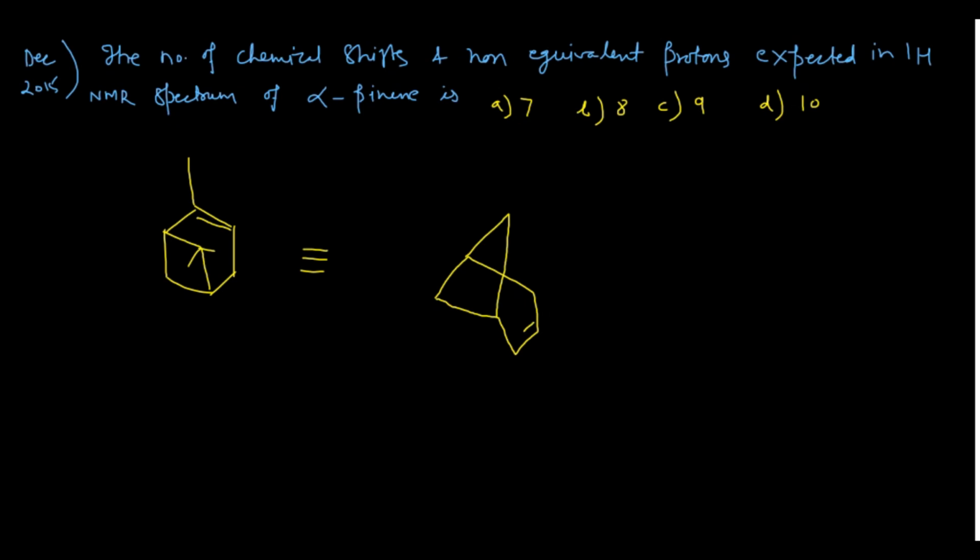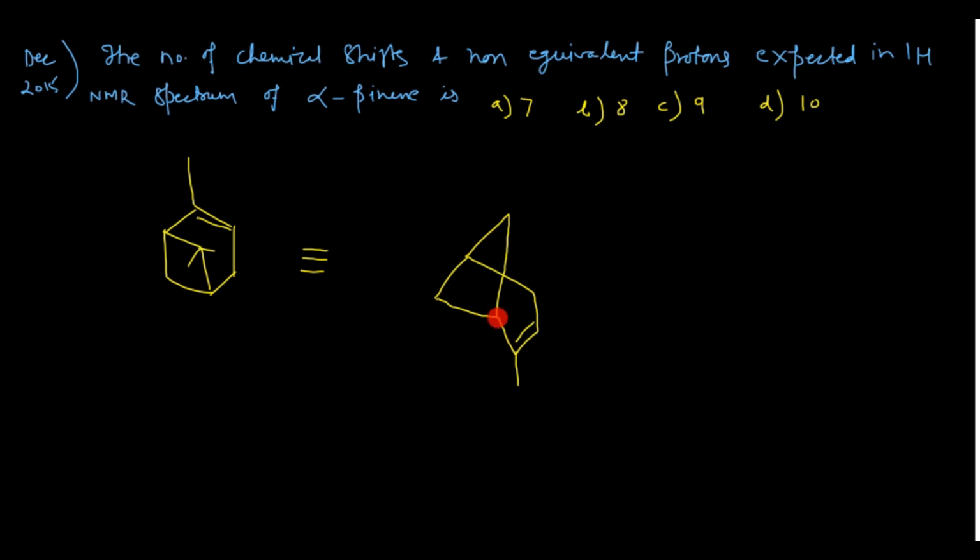This is your double bond, guys, and this double bond is having a methyl over there. So you can put methyl over here, and after that you can see this is the double bond position.